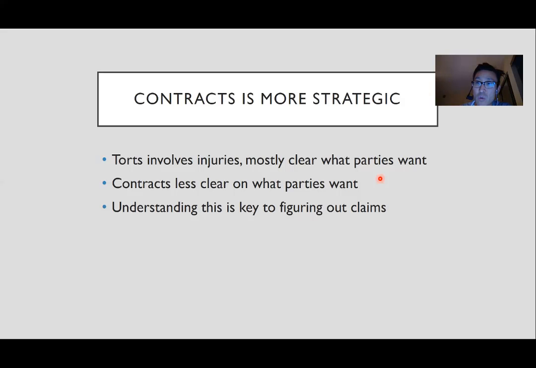You just know the contract embeds certain interests of the parties, but what it is that they hope to accomplish is sometimes a little bit less clear. It doesn't speak for itself on the face of the contract. And so it's super important to figure this out in figuring out a claim.